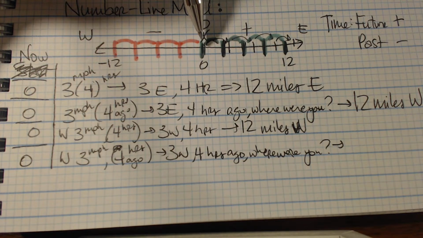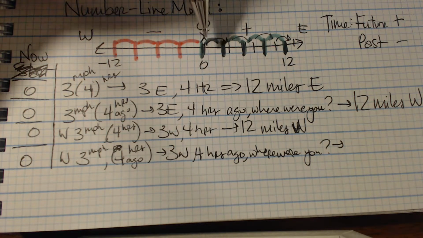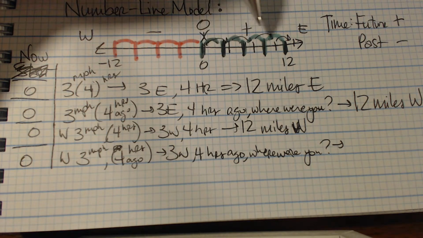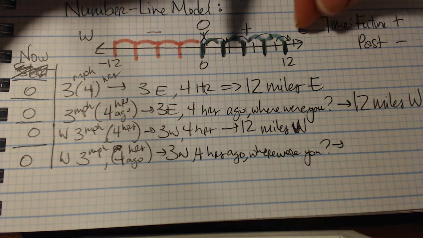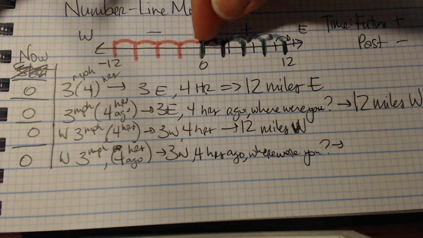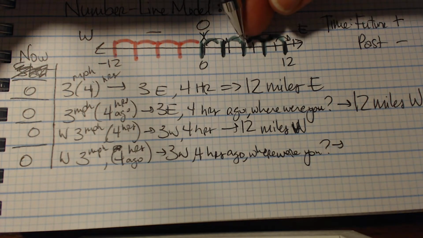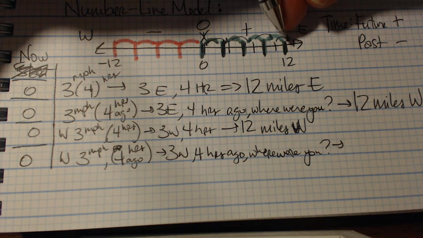So you were moving this way, but you ended up here, which means that you came from this direction. So let's count back. You're going 3 miles for an hour, 3 miles for an hour, 3 miles for an hour, and 3 miles for 4 hours. So that means you were at 12 miles east.